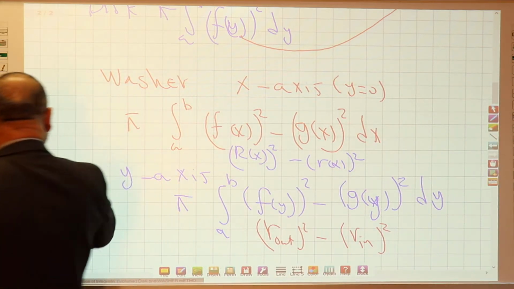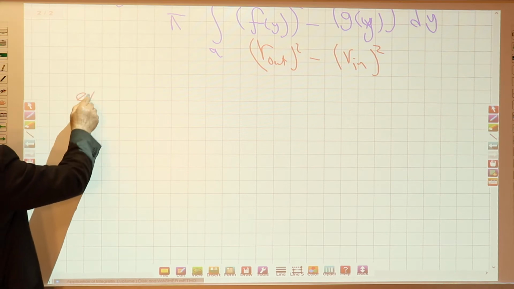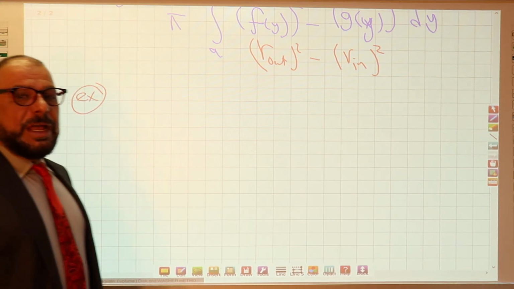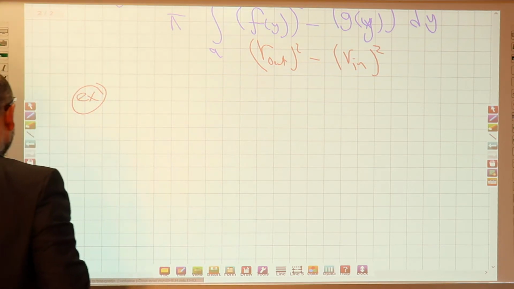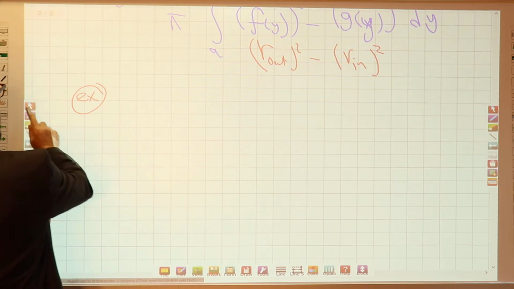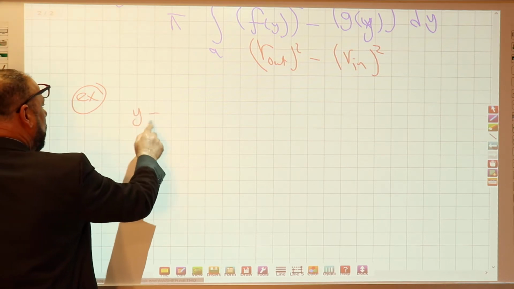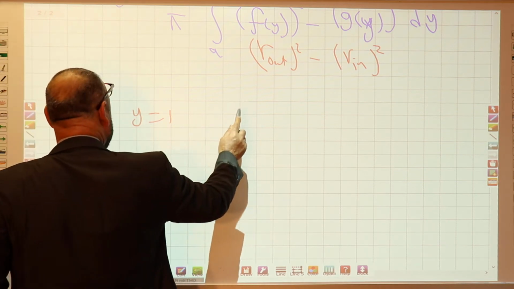Let us start with our example to make the concept clear. Example 1. We need to find the volume of revolution when we have the function y equals 1 and another function y equals x cubed.